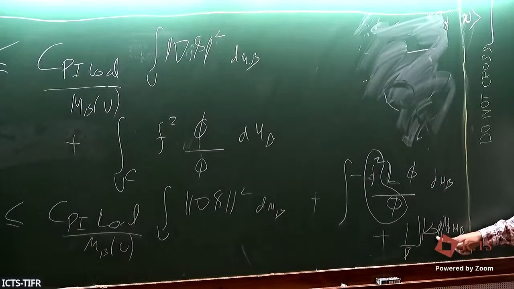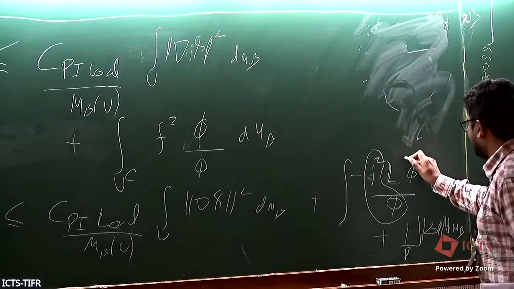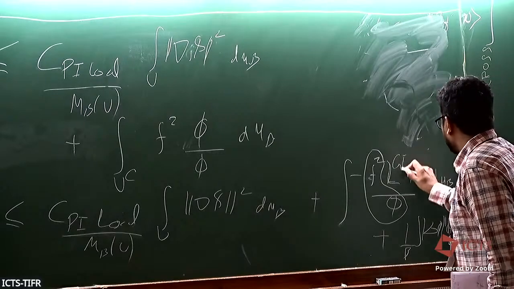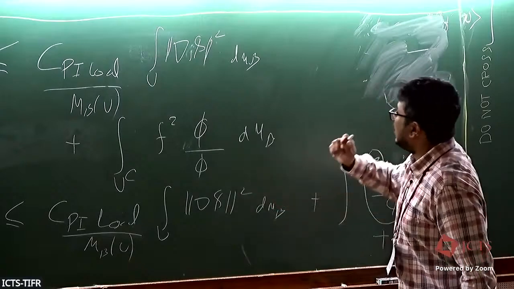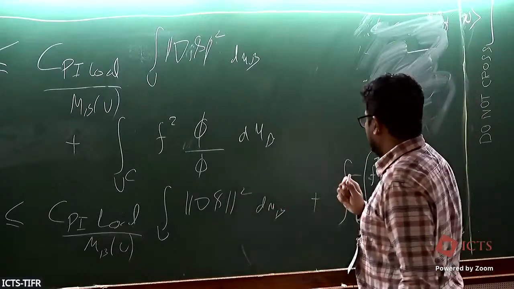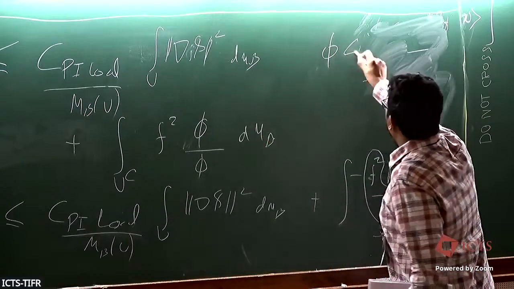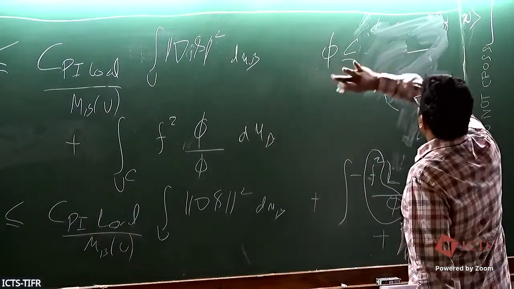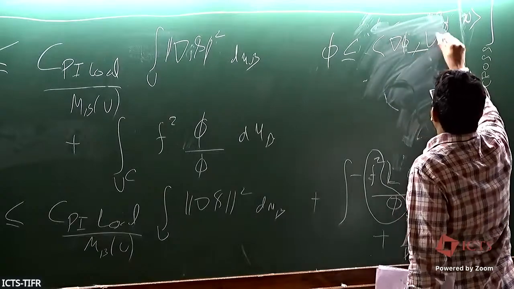And where is this coming from? The condition that I have is that phi is upper bounded by this guy for gradient flow, right? So what I had was, again missing out the lambda, phi is upper bounded by gradient phi times gradient f.